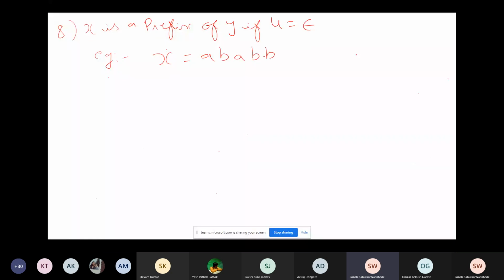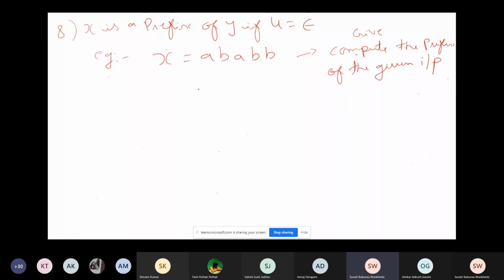We have to check which is the prefix. The question will come: compute the prefix of the given string. The question may be in this way: compute the prefix, or give the prefix of the given input.